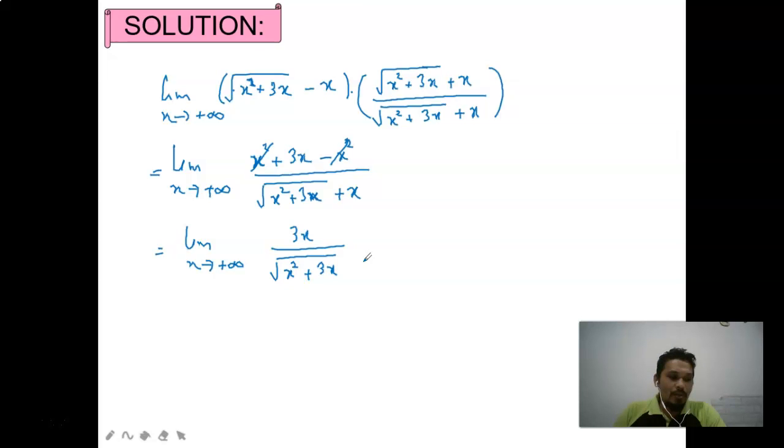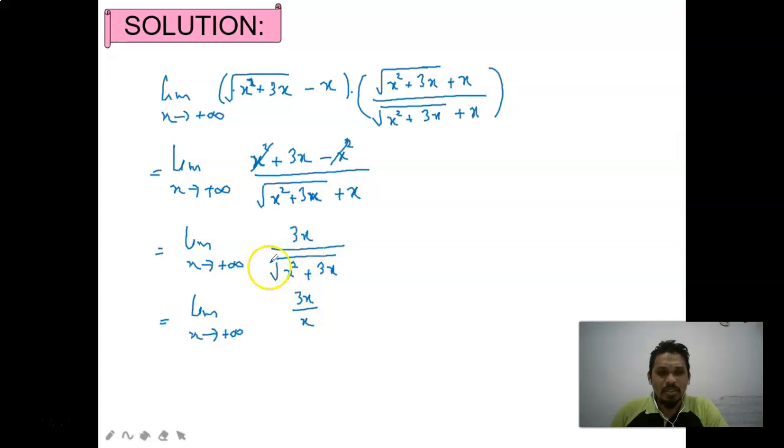So look at this one here now. The highest degree of x from the denominator is considered as x, even though it's x squared here, because we have a square root. Then we divide it by the absolute value of x. So now that is not 3x divided by x.